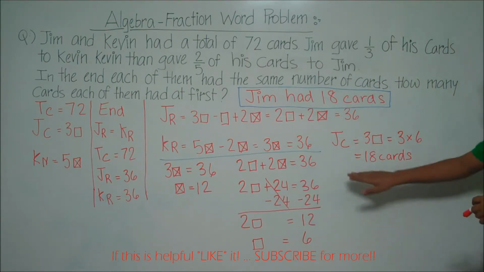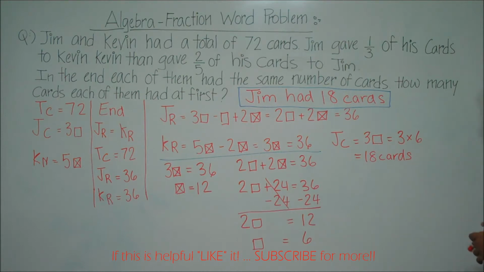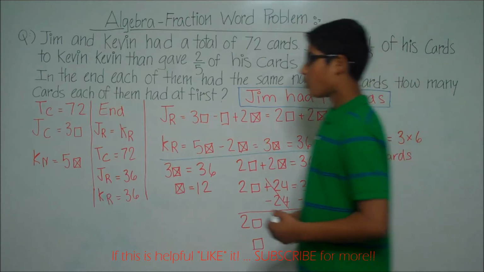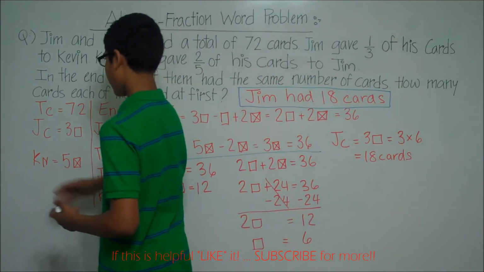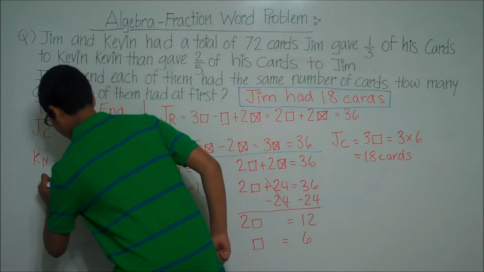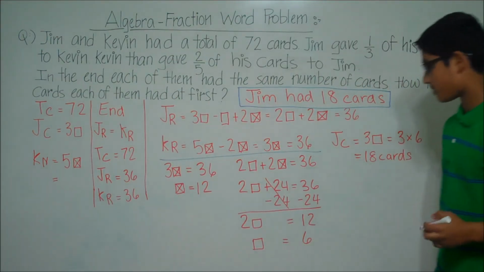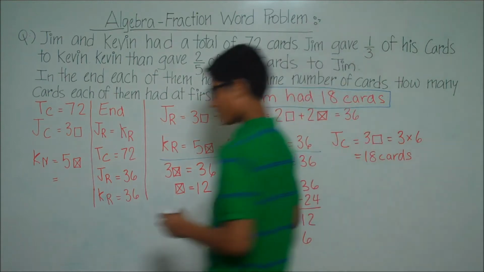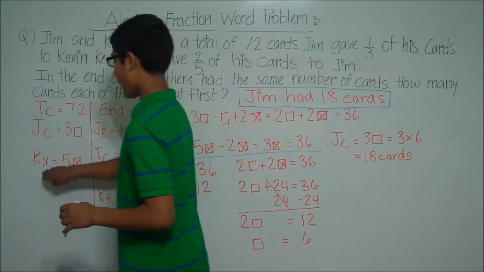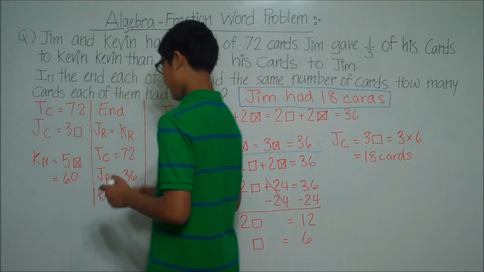So Jim had 18 cards. Now let's find out how many cards did Kevin have. So Kevin now, in the beginning, had 5 boxes, which is equal to 5 times 12, which is equal to 60. So Kevin now, in the beginning, had 60 cards.